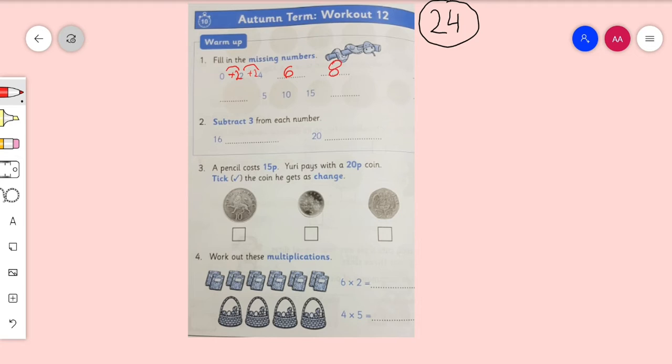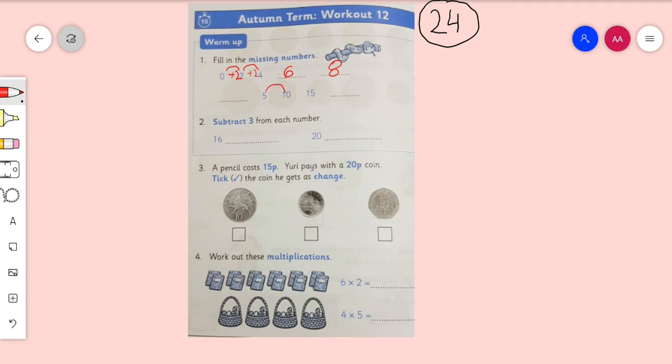It says something, 5, 10, 15, something. Those two somethings are our missing numbers. Now, to find out this first missing number, we need to do 10 take away something equals 5. And we need to find the difference between these two.